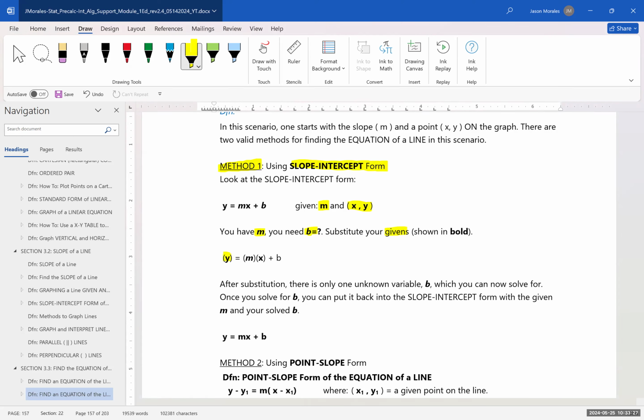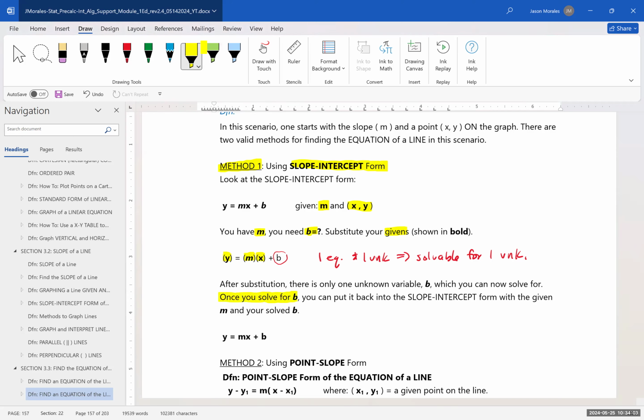This is given, and this is given, leaving the y-intercept as your only unknown. As I've said before, one equation with one unknown means this is solvable for the one variable that's unknown. After you substitute your known slope and the known point, you will be able to solve for your y-intercept.